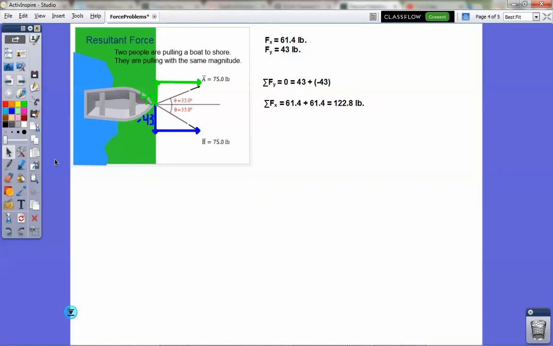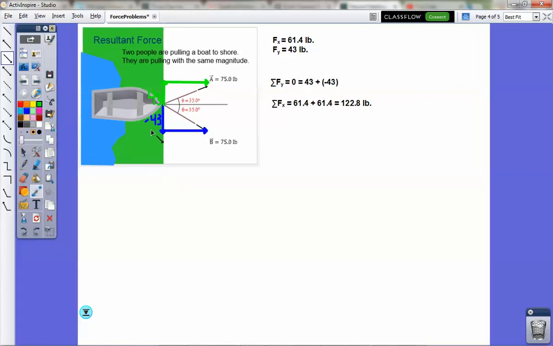So what's the final resulting force? The final resulting force, let me change the color. You got it, right on. 122.8 pounds pointing to the right. So it'd be directly right.